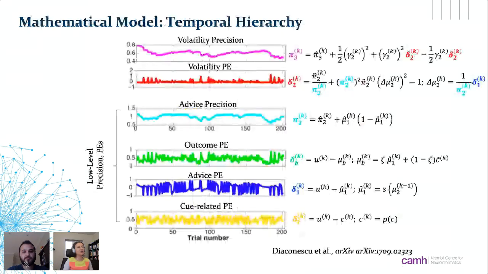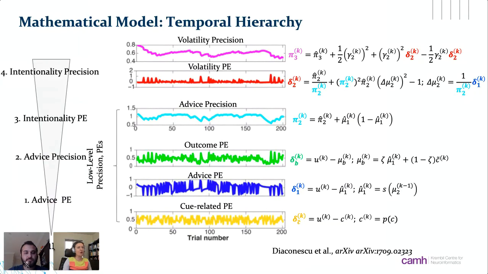Now, the model allows us to estimate for each individual a series of quantities that range from prediction errors to precisions stacked at higher and higher levels in this processing hierarchy. We can take these equations and these quantities, these predictions and precisions, and look at their representation in the brain.